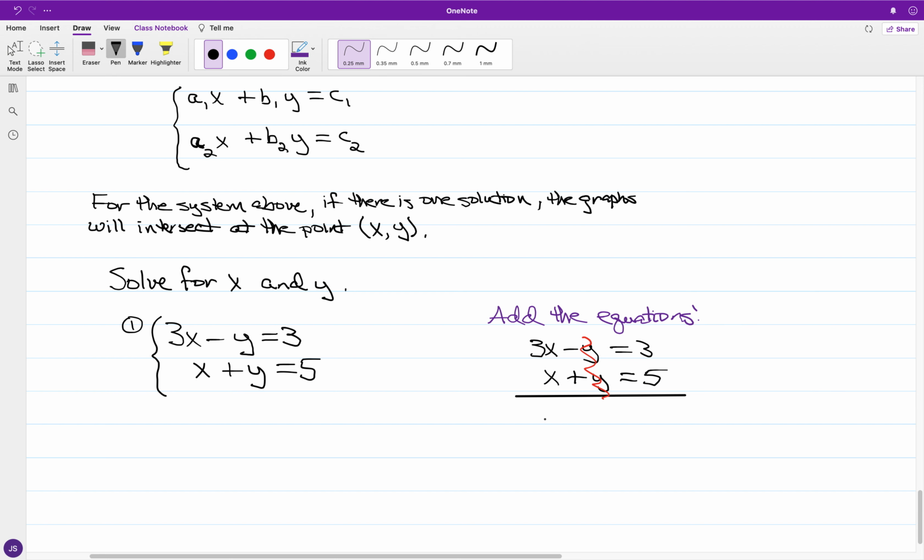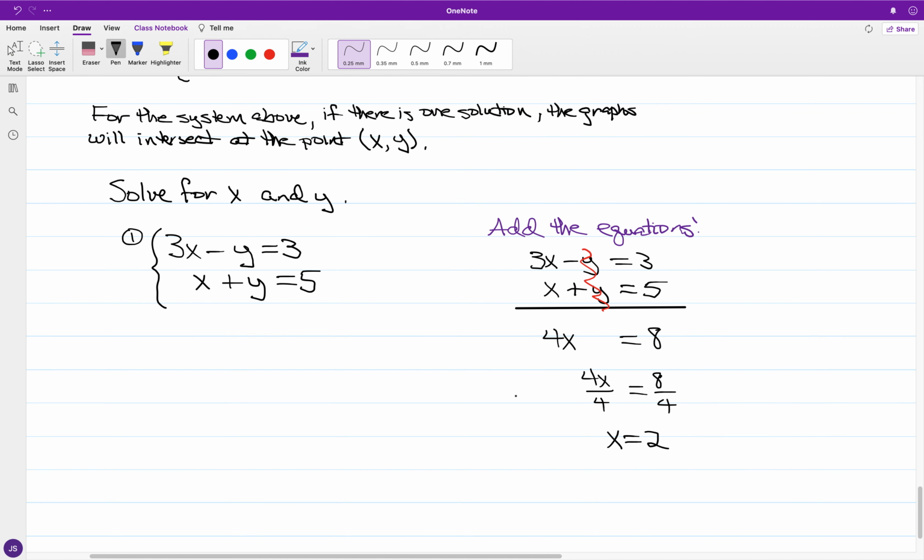Notice we got 3x plus x is 4x, and 4x is equal to 8. And with division by 4, x is equal to 2. So I got x, now for y.